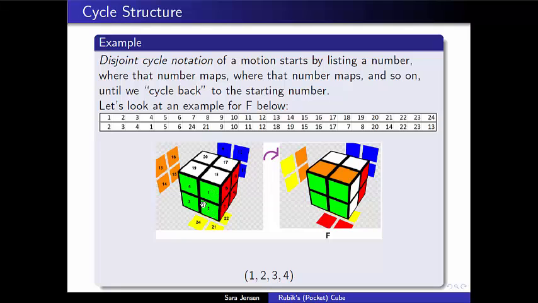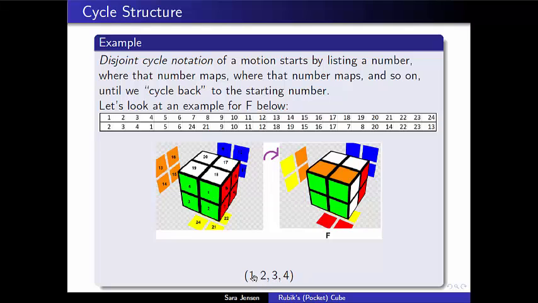So let's see where the 2 maps. The 2 maps to the 3's spot, the 3 maps to the 4's spot, and the 4 maps back to the first spot. So we'll take them in a cycle. We're thinking of a circle, but we want to write it as though we're writing on one line of paper. So we'll write it this way: 1, 2, 3, 4.